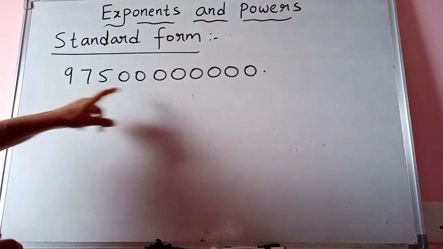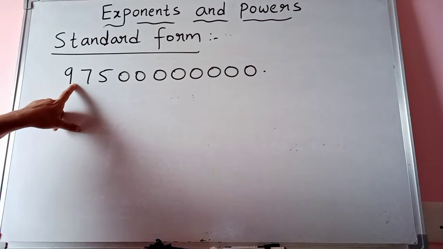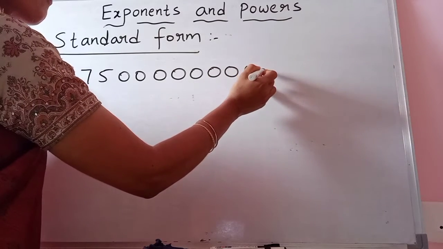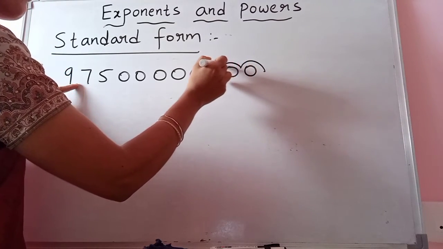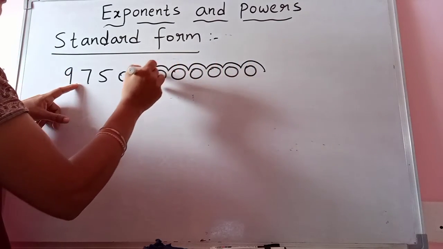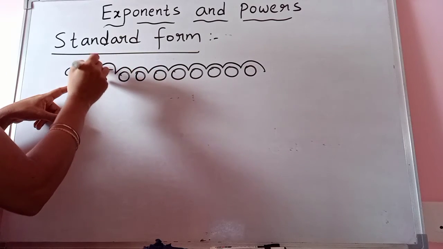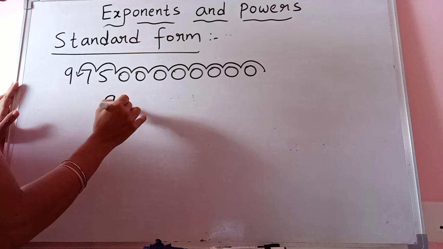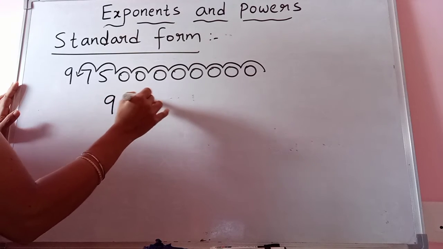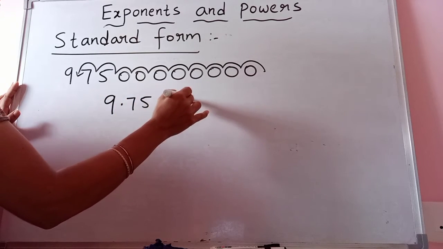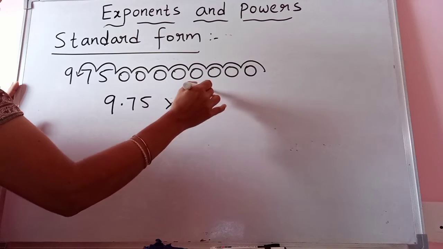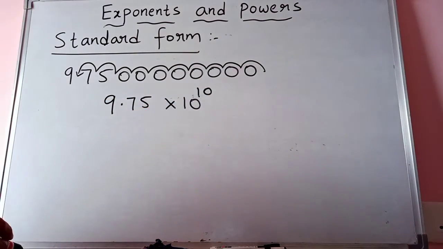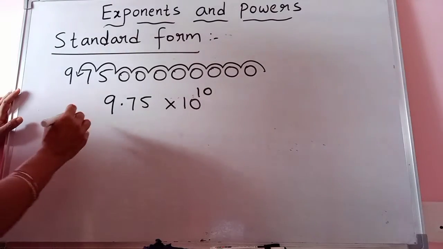Now we are shifting that point to after 9. How many places? Decimal point shifting 1, 2, 3, 4, 5, 6, 7, 8, 9, 10 places. Therefore, the standard form of this number is 9.75 into 10 raised to the power of plus 10. For large numbers, we use positive exponents. Okay.